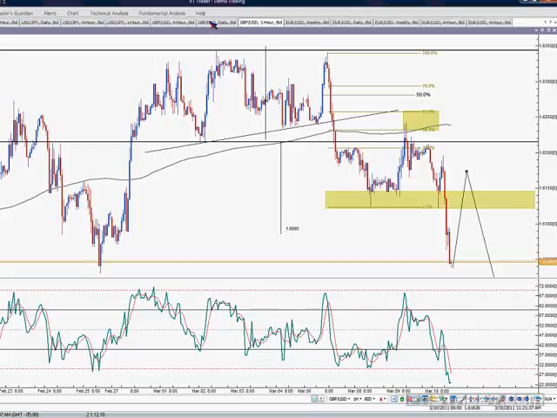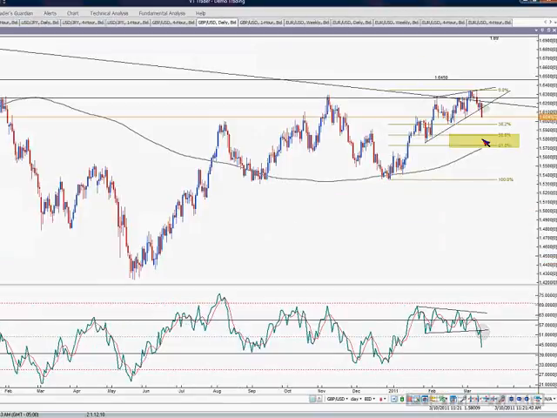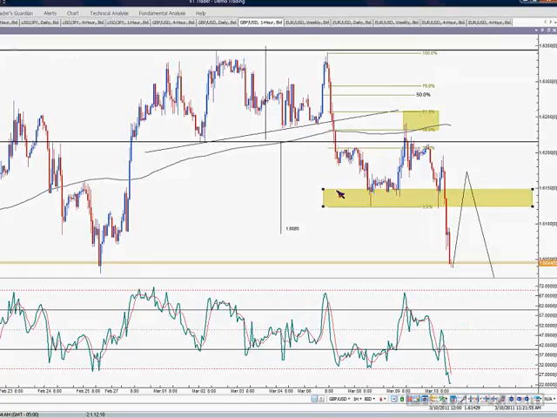So that's the pound dollar right now, looking towards the 1.5750 area, as long as the market remains below this zone. Now, I shouldn't say as long as; I say preferably if the market stays below 1.6150.